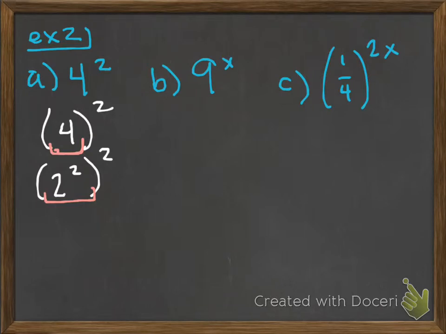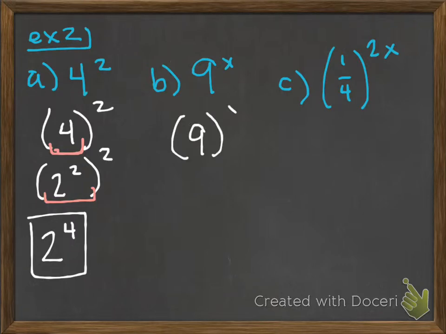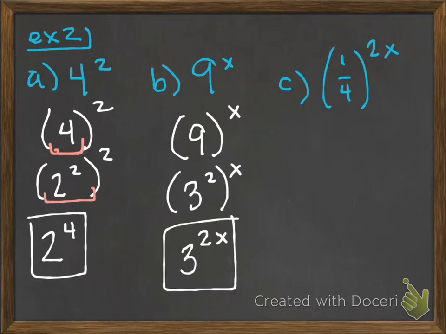Now when I'm doing a power raised to a power, I multiply my exponents, so this is 2 to the 4th. Again, 9, I'm going to rewrite it like this so you can see my base is 9, exponent is x. 9 can be 3 to the 2nd power raised to the x. Multiply your exponents, final answer is 3 to the 2x.